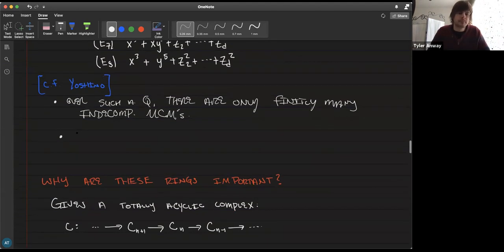And these are called rings of finite Cohen-Macaulay type.